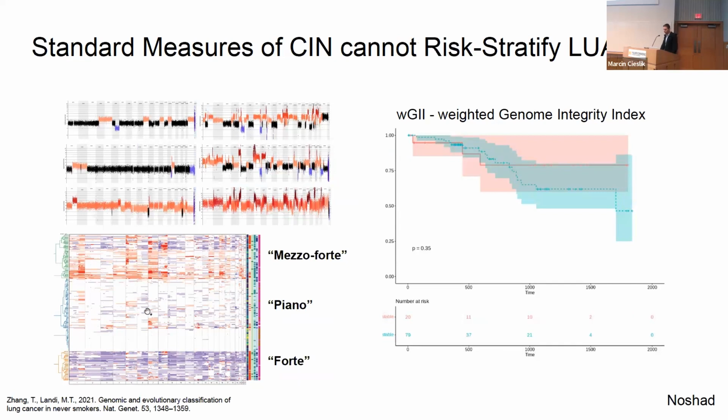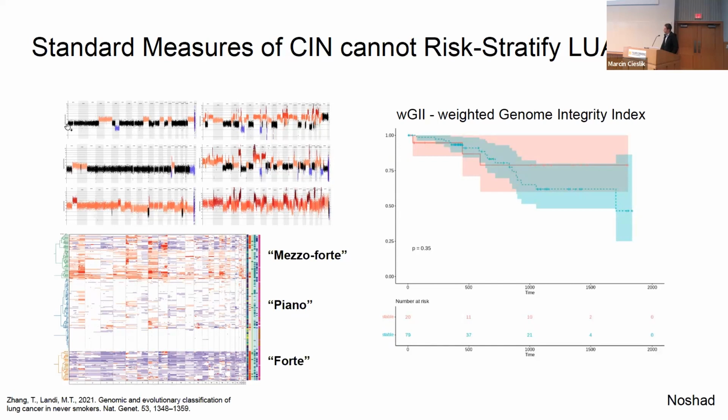And one thing that was very curious in the literature and in lung cancer research was the fact that there's quite a range of how unstable lung cancer genomes are across the individual cancers. Some of the genomes are very stable, as you can see here.